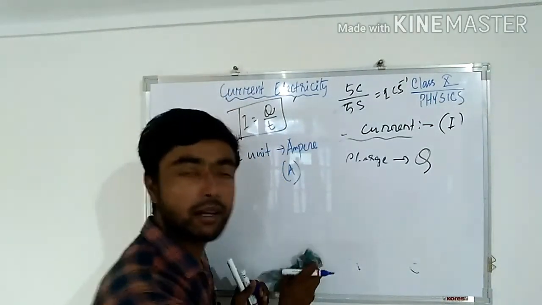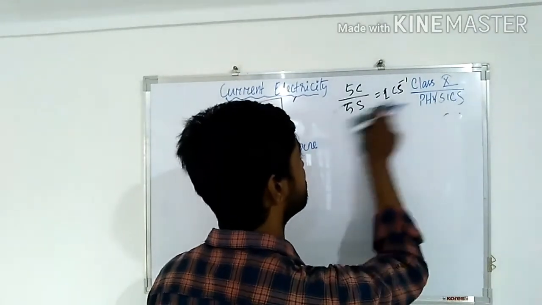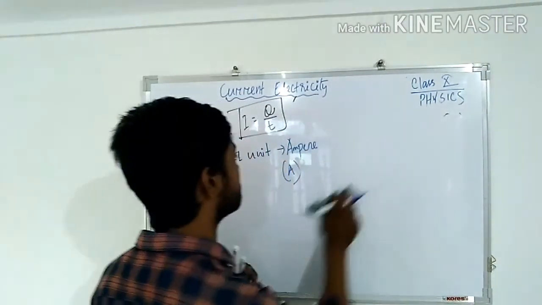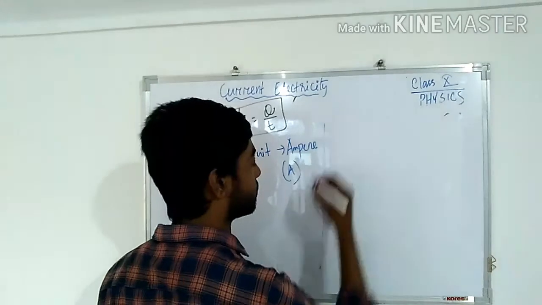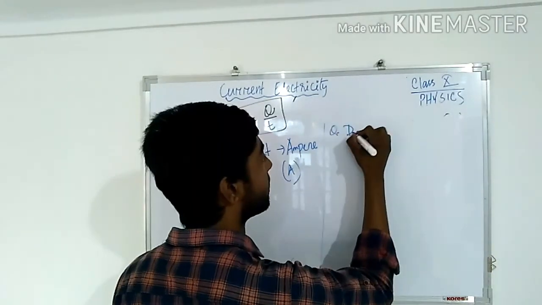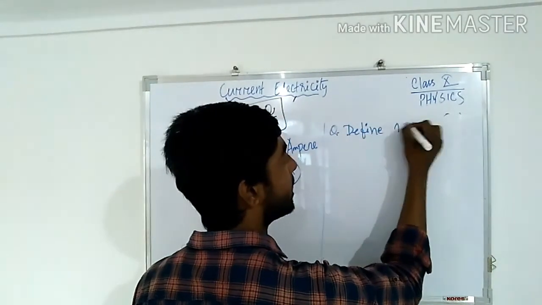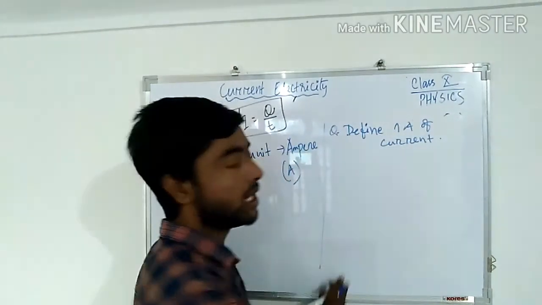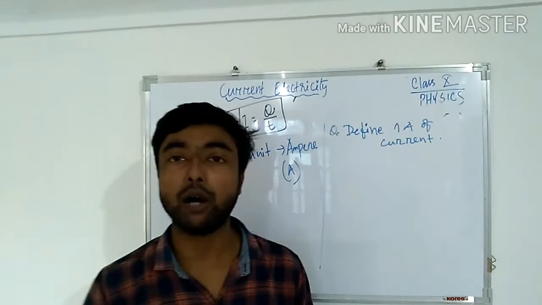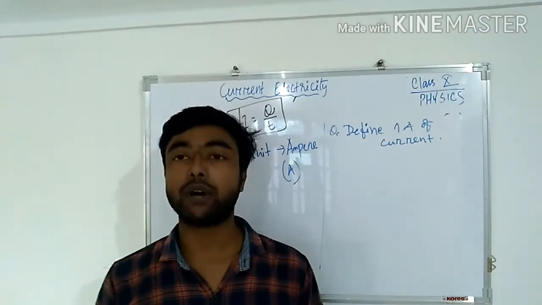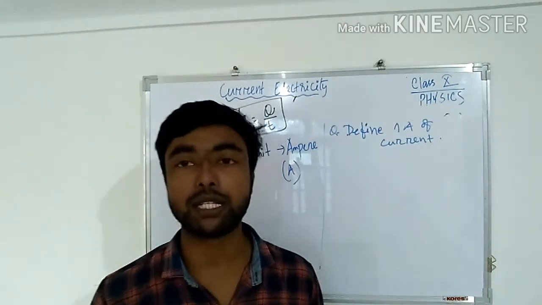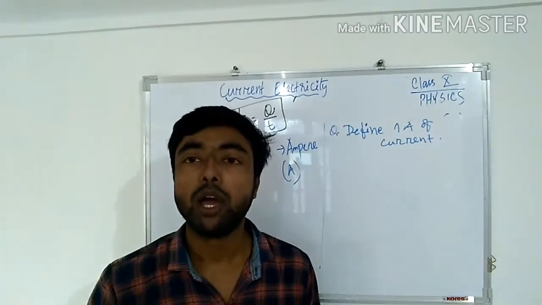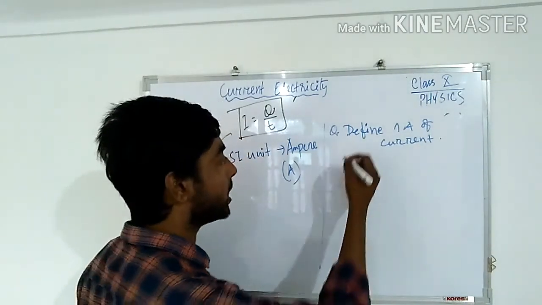Understood electric current? I think you have understood. I cannot make it easier than this. If a question like this comes, define 1 ampere of current, first of all you have to write the equation.